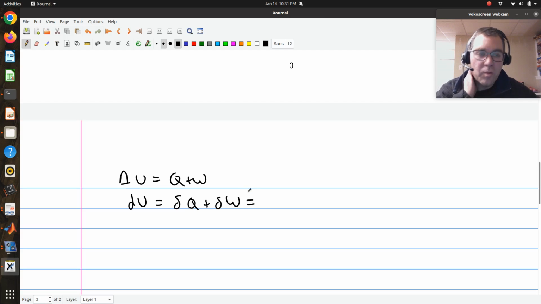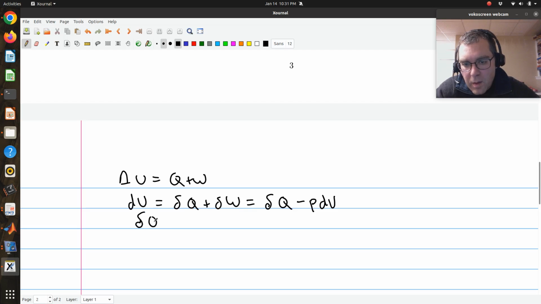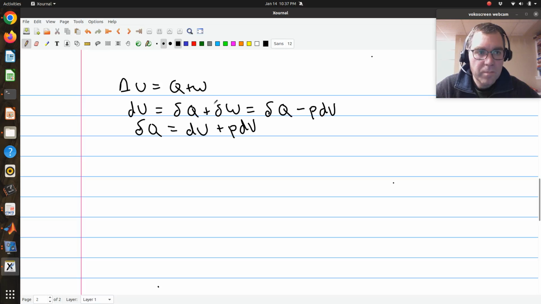If I assume my only work is boundary work, then δW is equal to negative P dV. Cool. Now solving for δQ, δQ is equal to dU plus P dV.